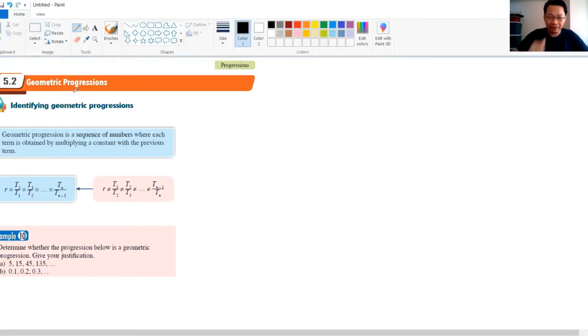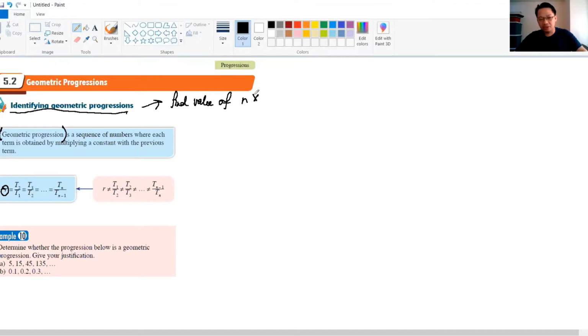We find the common difference, D. But for GP, to identify the GP, if for AP we find the common difference, for GP we find the R here. What is R? R stands for common ratio. So to identify the GP, we need to find the value of R.